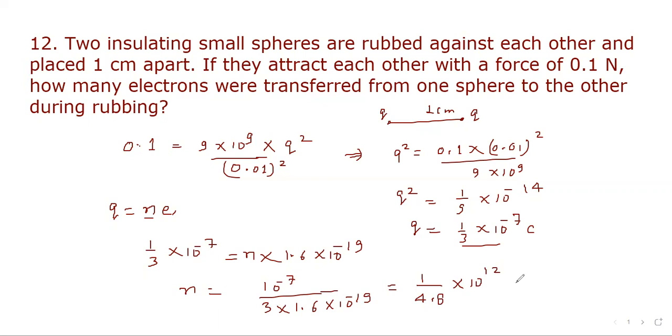So this can be written as 10 upon 4.8 into 10 to the power 11, which will be roughly equal to 2 into 10 to the power 11, which is our answer.